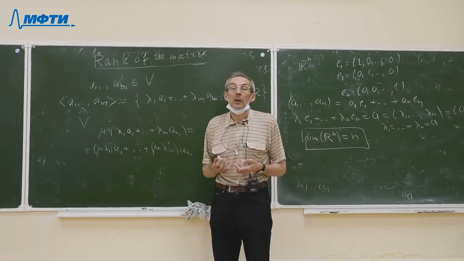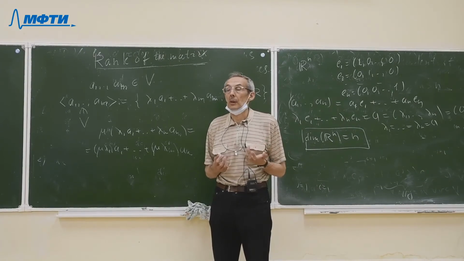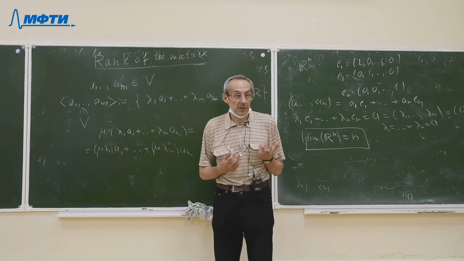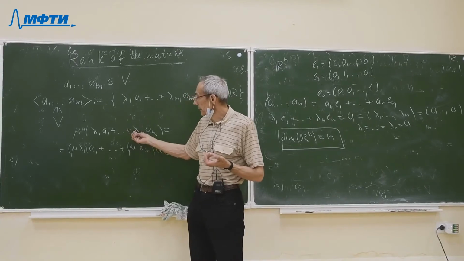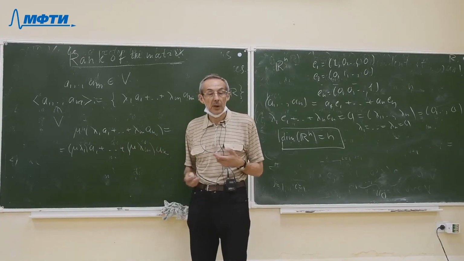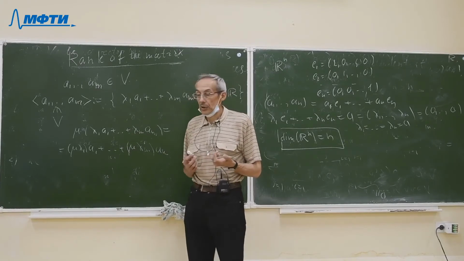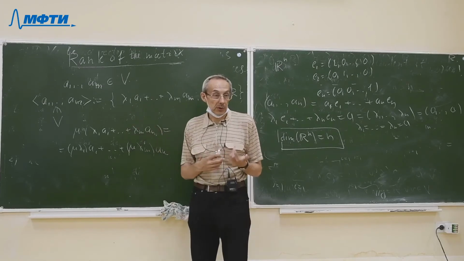The question is about the axioms of existence. There exists a zero element in this vector space, and we must check that for all vectors there exist opposite vectors.